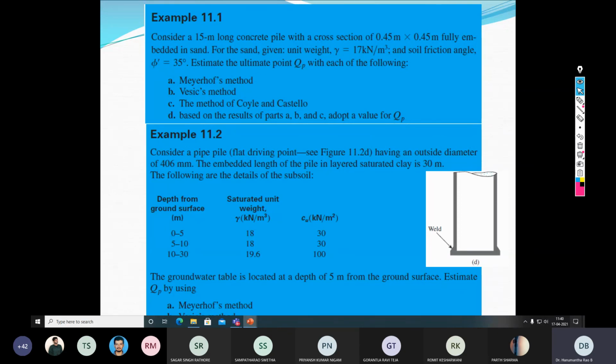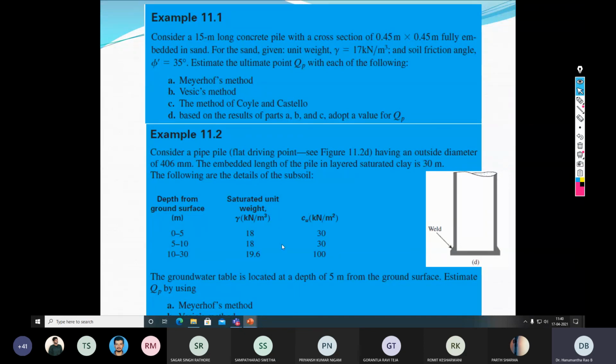Similarly, the above problem is related to pile capacity in sand, and the below problem is related to pile capacity in clay. Consider a pipe pile having an outside diameter of 406 millimeter. The embedded length of the pile in layered saturated clay is 30 meter, and the values of Cu are given depth wise.